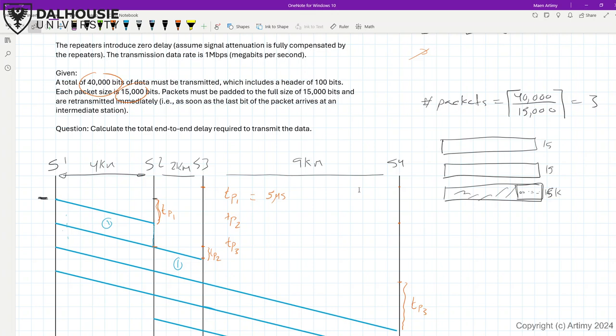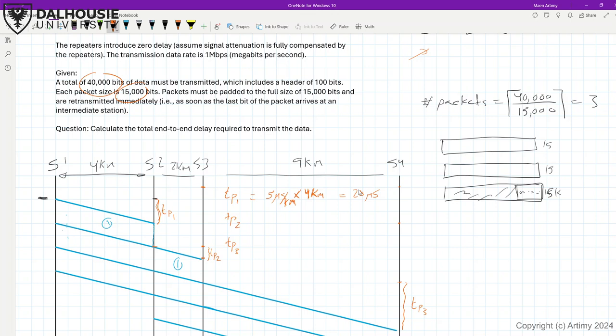All right, so 5 microseconds for the first cable, and the distance will be 4 kilometers. 5 microseconds per kilometer. Don't forget that, right? And if you use the units carefully, you will avoid this kind of problem, right? So 5 microseconds multiplied by 4, you get 20 microseconds.